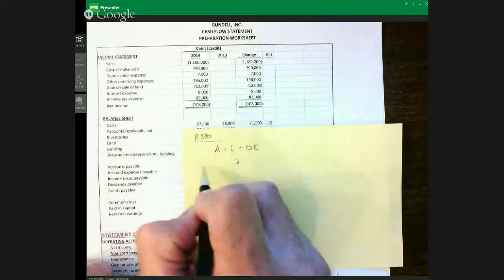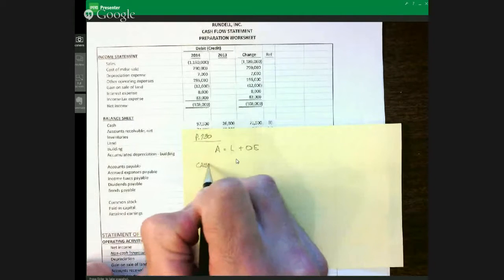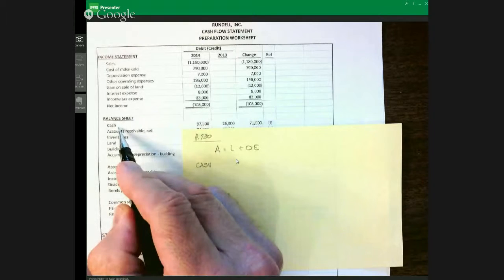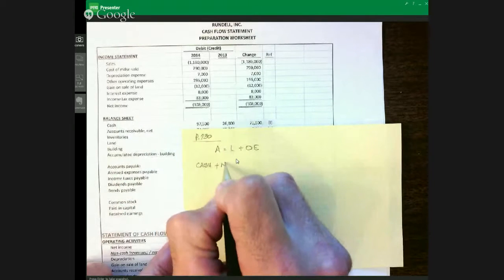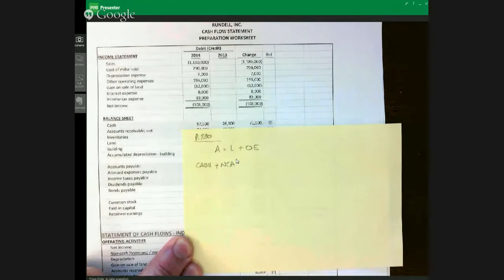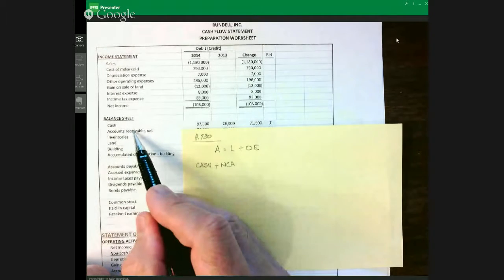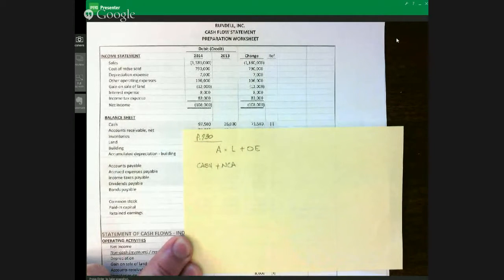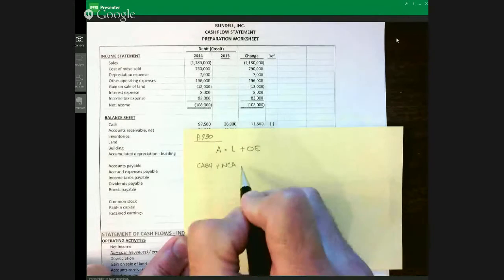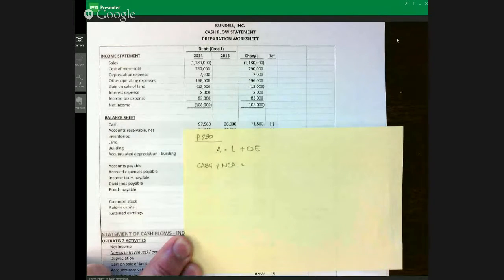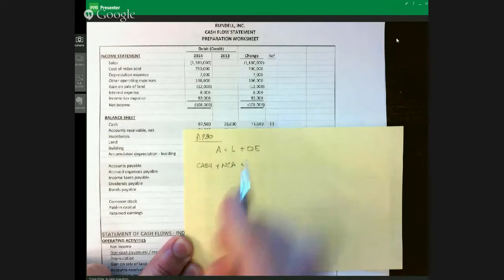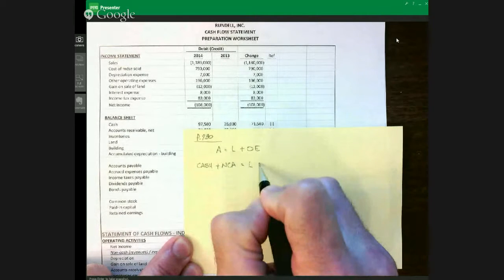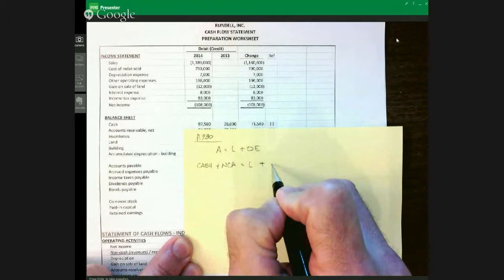So let's say the left-hand side is comprised of cash plus something I will label NCA, to represent non-cash assets. Accounts receivable all the way down through accumulated depreciation will be the non-cash assets. So cash plus non-cash assets, or total assets, would equal the liabilities plus the owner's equity.